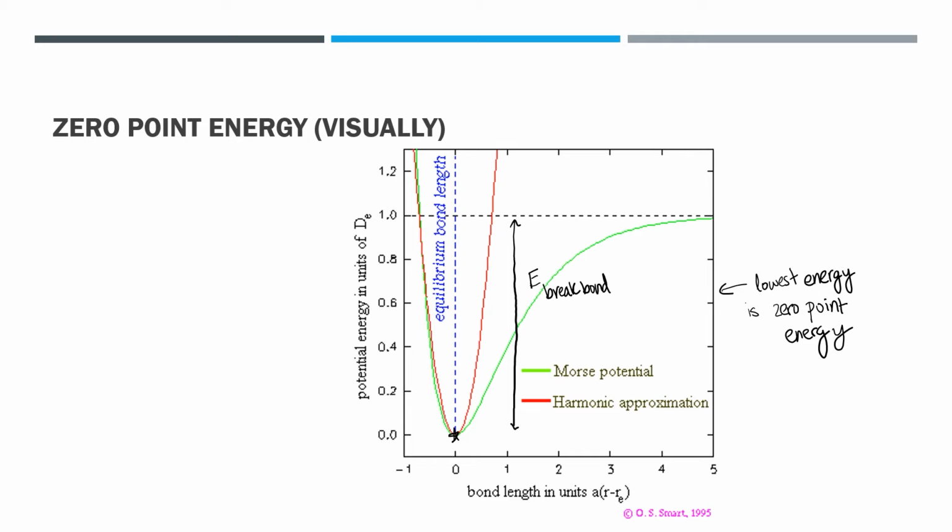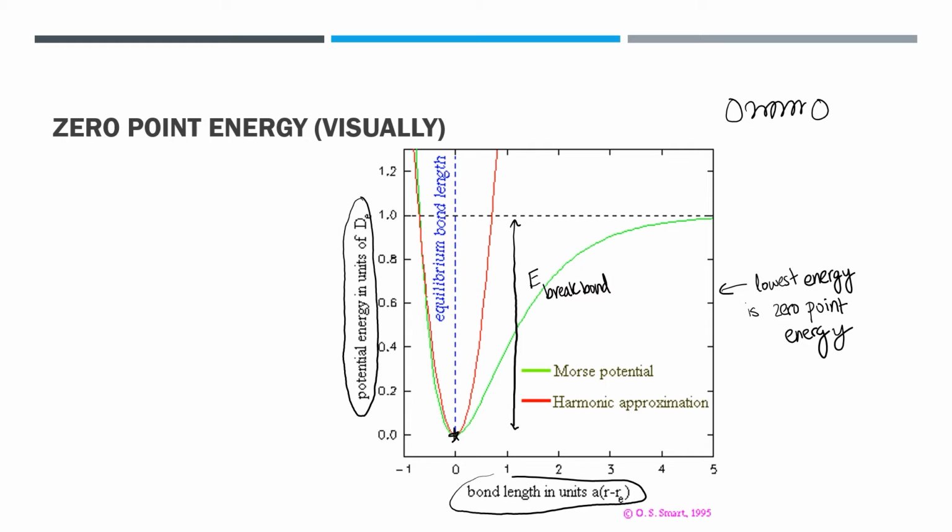So here I just wanted to show how you can see zero-point energy visually on a graph. In this graph, we can see that there's bond length on the x-axis and potential energy on the y-axis. So this graph basically shows, say I have a bond with two atoms, and I'm modeling it as a spring system connecting these two atoms. Now, what is the potential energy given different bond lengths? The lowest potential energy is going to be at the actual bond length.